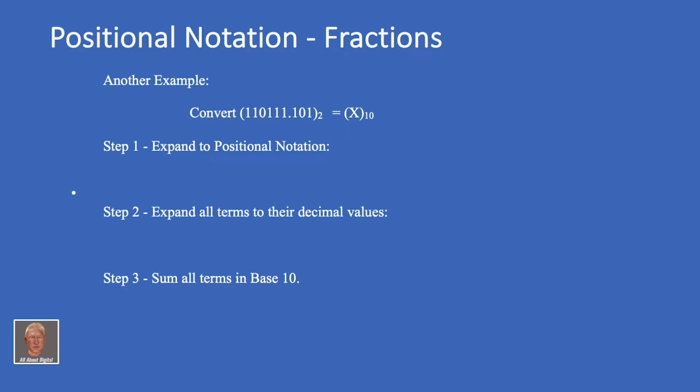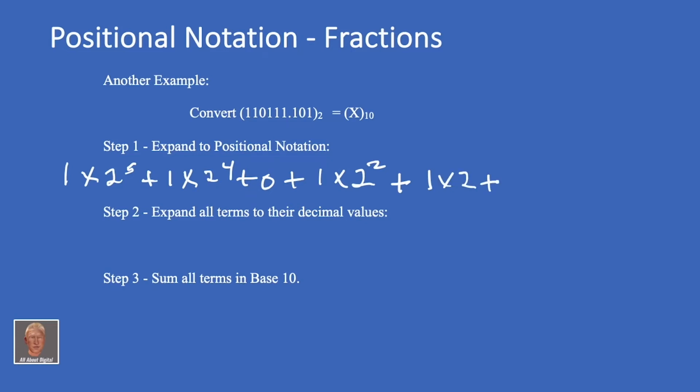So we have 1 times 2 to the 5th plus 1 times 2 to the 4th plus 0 plus 1 times 2 squared plus 1 times 2 plus 1.